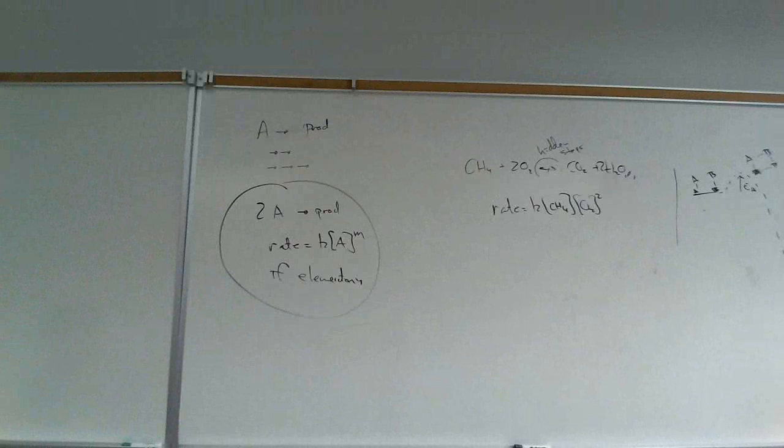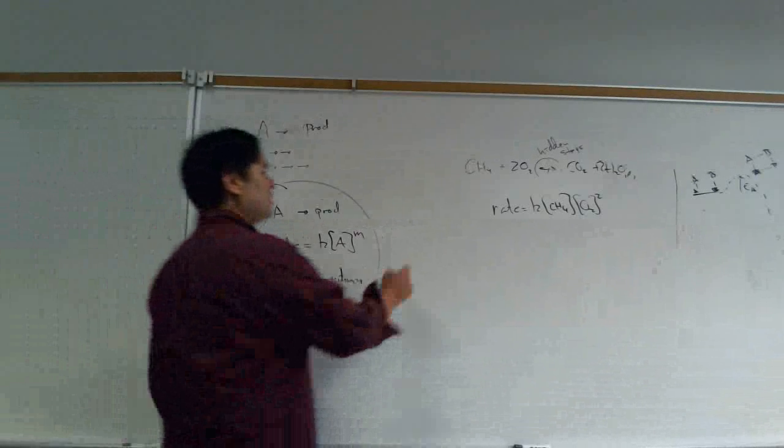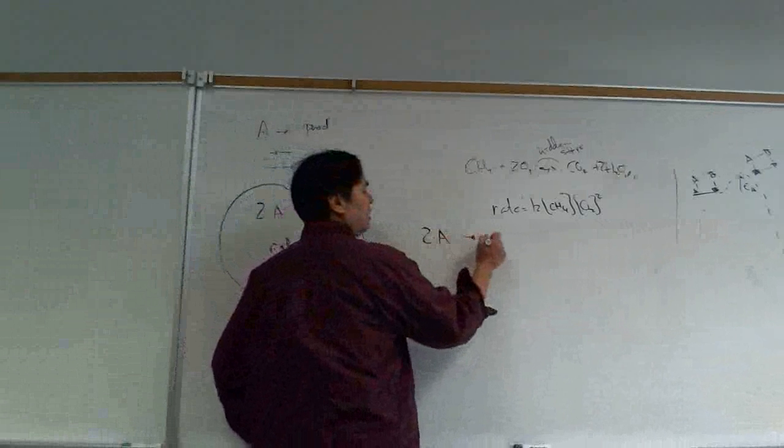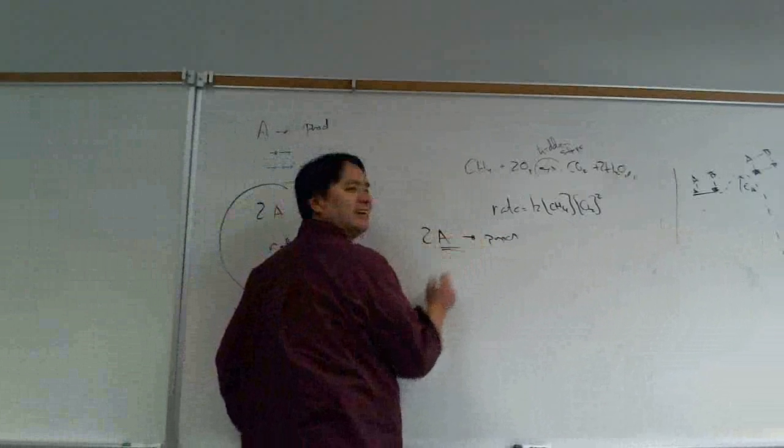How can you tell? Just like I asked you, I'm going to ask you to tell me how many steps there are in this methane combustion. Oh, you're supposed to know that. There are over 2,000 steps. Is that a fair question? No, not enough info, right? If I asked you how many steps there are in this decomposition, 2A goes to product, you don't even know what A is.